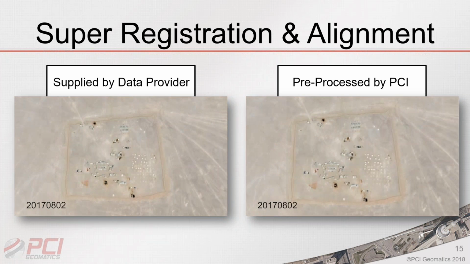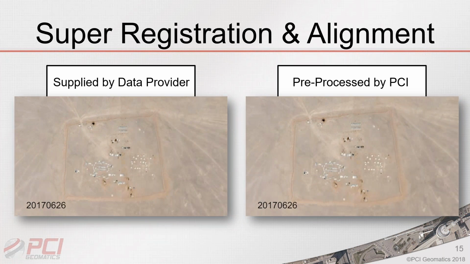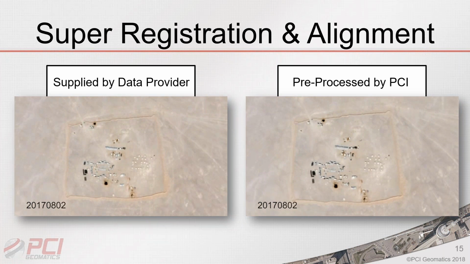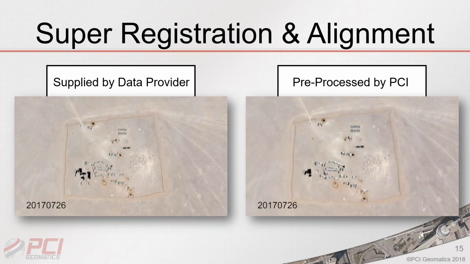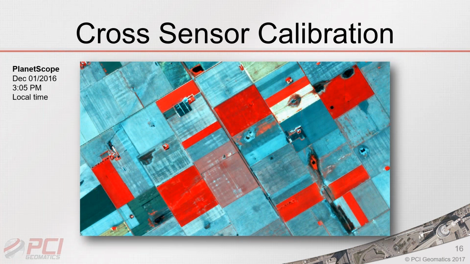A couple of other things. Cross-sensor calibration. When we are comparing different data sets, which is possible, of course, we need to normalize the data. Here we have a PlanetScope image of December 1st collected at 3 p.m. And I'll just toggle to the next image, which is December 3rd, so roughly 2 days later.